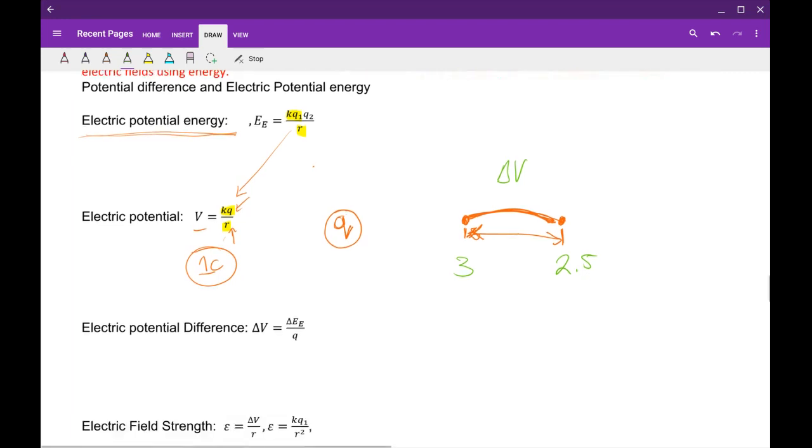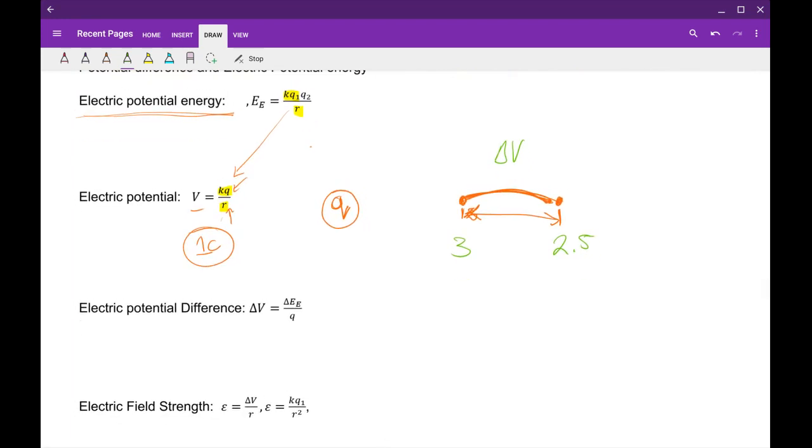So that brings us to this formula, the electric potential difference, all right? Now, this is the change in electric potential. You can kind of see it right there in the formula, right? It's the change in V, where V is this, okay?